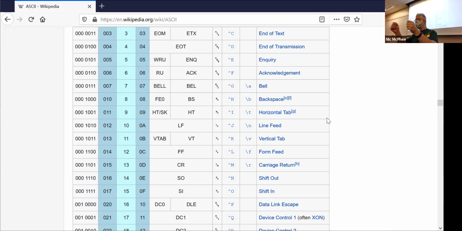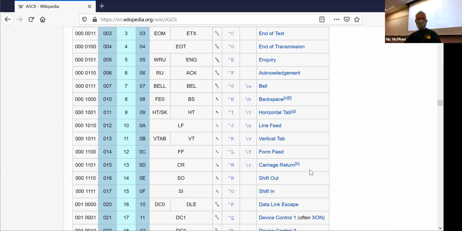And things like backspace, horizontal tab, line feed, vertical tab, form feed, carriage return, these are all about controlling that device, like rolling the paper forward, rolling the paper backward, moving the head of the printer left or right, that kind of stuff. So there are some weird historical artifacts in here that we would never use anymore, but are there.